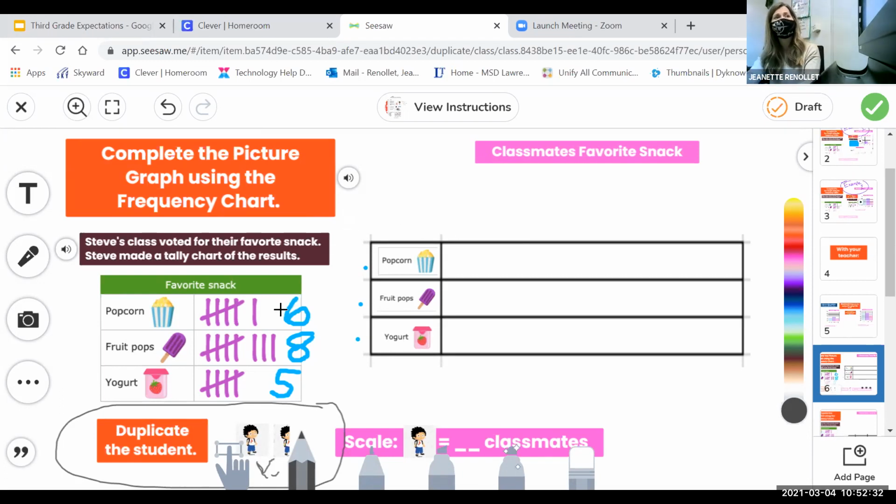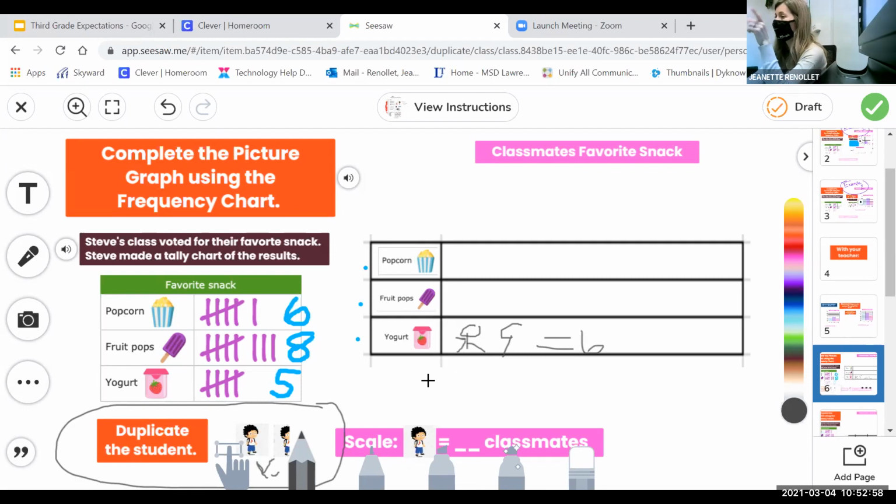So can we show 6 if we have 4 and 2? Can we show 8 and 5? How could we show 5 if one kid was 4? I know. If we had one kid that was 4, and then we had half of a kid that's 2, that equals 6. How can we show 5?